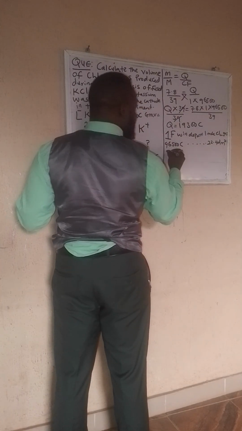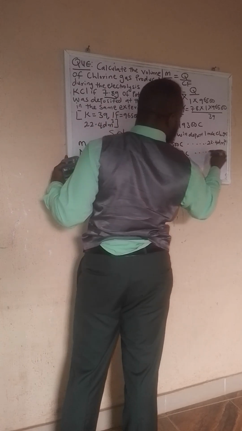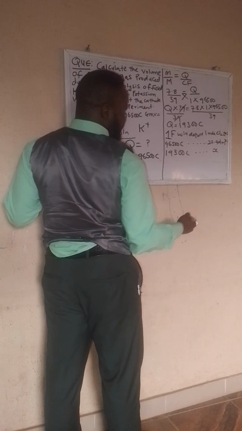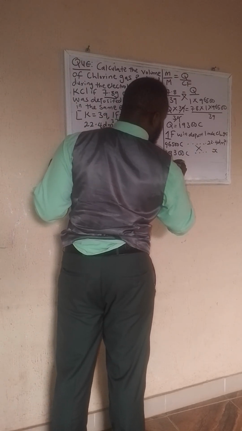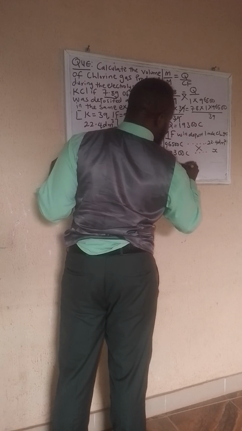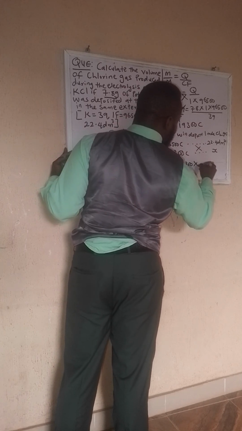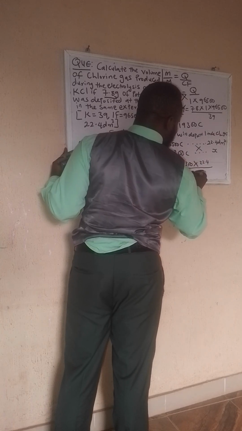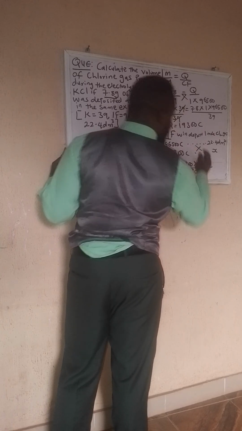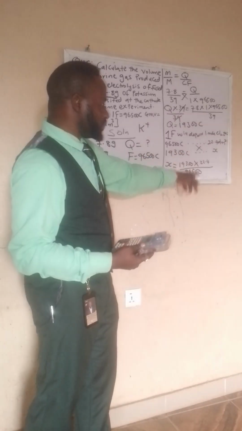Now, what volume will be deposited if 19,300 coulombs was used? Call that X or any letter that you best prefer. So I can cross multiply so I can get X now. So X will be equal to 19,300 multiplied by 22.4 divided by 96,500.